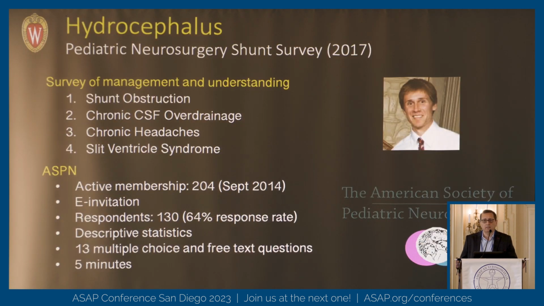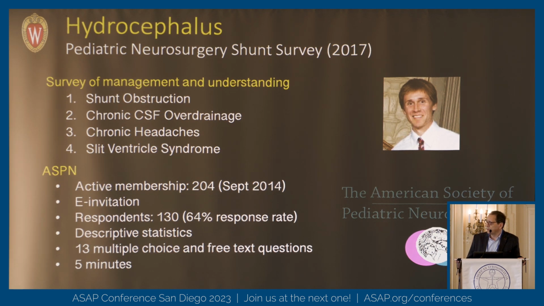We sent out a survey to the senior pediatric neurosurgery community a few years ago, to look at what the understanding is of board-certified pediatric neurosurgeons about hydrocephalus and about shunt function in particular. And these are the 4 topics we're interested in: shunt obstruction, shunt overdrainage, chronic headaches, and slit ventricle syndrome.